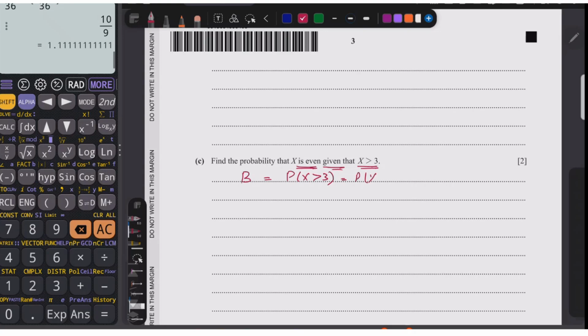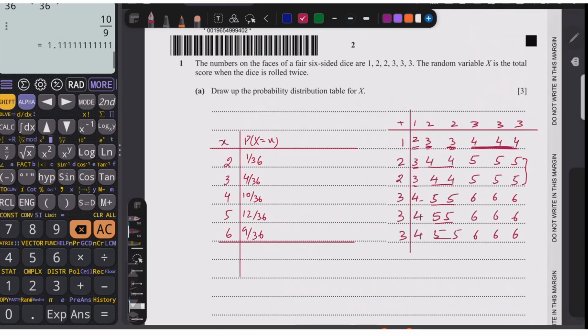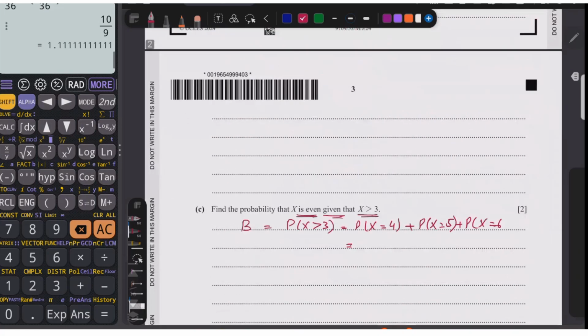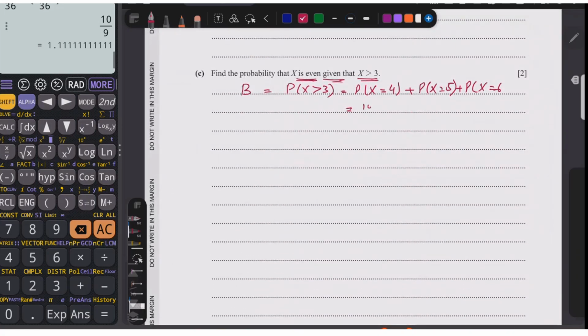Greater than 3 means we need to take the probability of 4 plus probability of 5 plus probability of 6. 4's probability is 10 over 36, and 5 and 6 are 12 and 9. It means the probability of B is equal to 31 over 36.